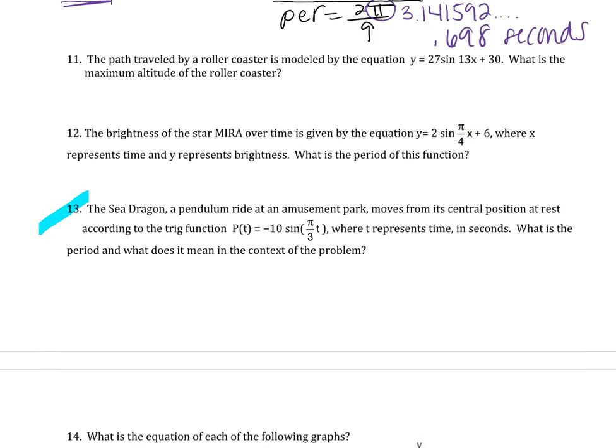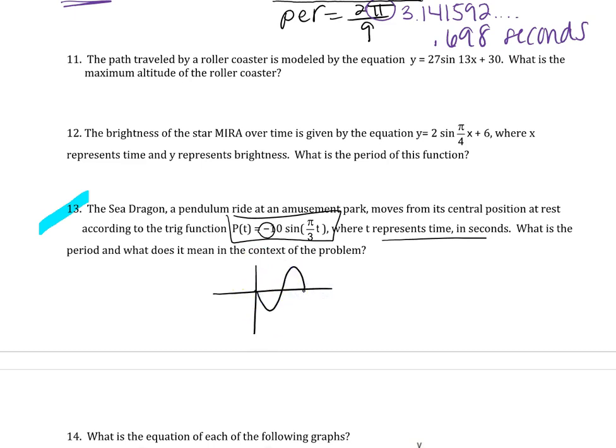Alright, the sea dragon, a pendulum ride at an amusement park, moves from its central point at rest according to the following trig function, where t represents time in seconds. What is the period and what does it mean in the context of the problem? So right now what I'm thinking is this is a sine curve that has a reflection in the x-axis, so it looks roughly something like that.